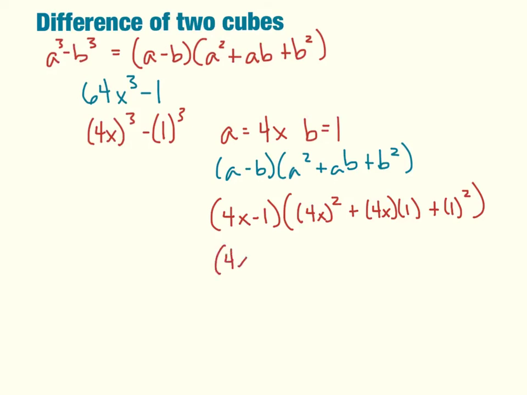On the outside this stays 4x minus 1. 4x squared is 16x squared, plus 4x times 1 is 4x, and 1 squared is 1.